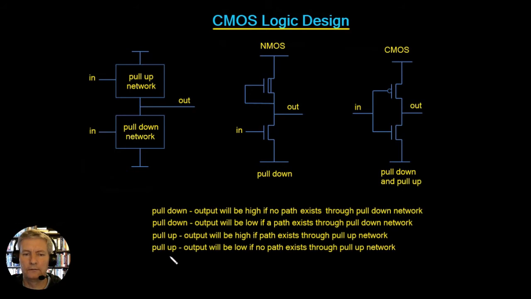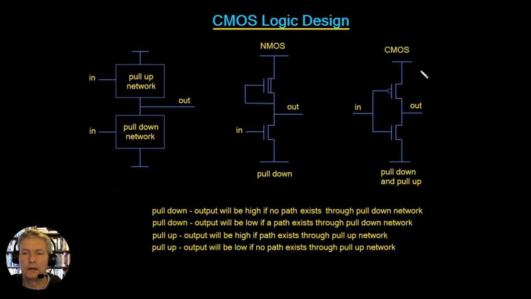Alternatively, with the pull up, the output will be low if no path exists through this pull up network. If there's no path up through here, this point here will remain low. And that's how each of these pull up and pull down networks work.